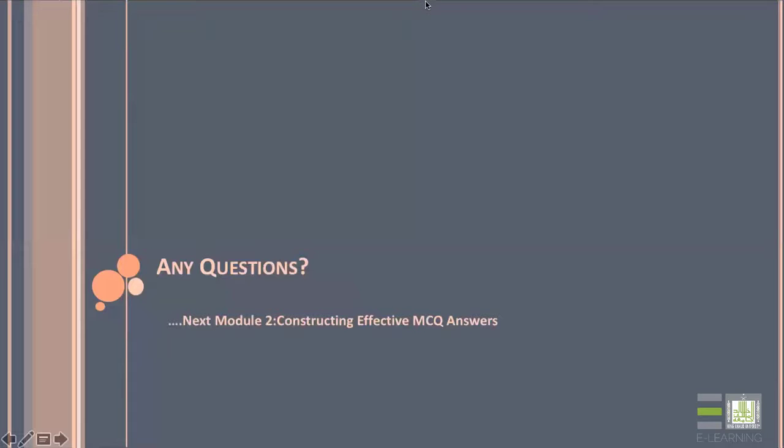Okay, so next we are going to look at how we can construct effective multiple choice questions. Now, there are so many advantages to using multiple choice questions for assessments. One, it's easy for us to mark. Two, it can be used as an assessment for a large class size or large cohort.